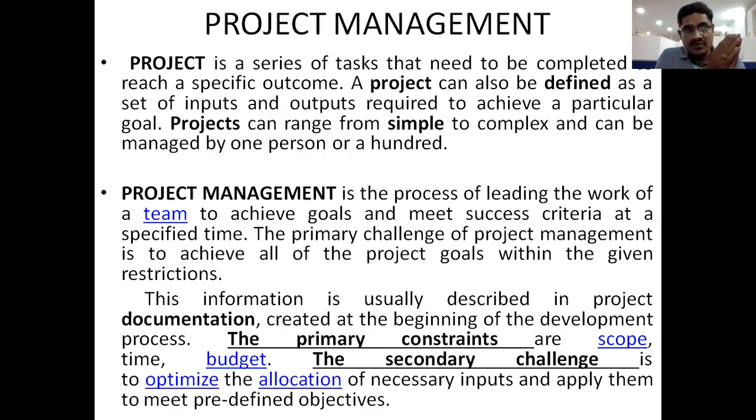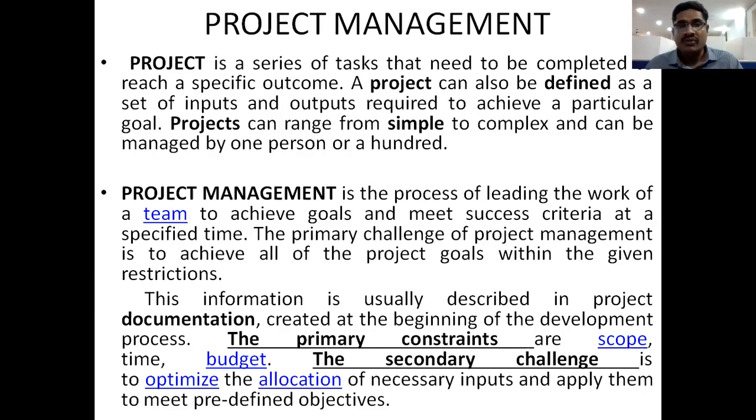From the point of starting to the point of ending, between these two points, we need to perform a number of activities. These activities are managed and performed by the project manager: input and output planning, time planning, capital planning, preparing analysis, and allocation of resources to each and every activity.